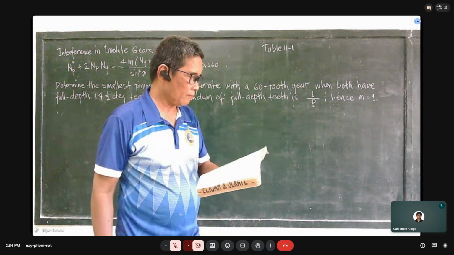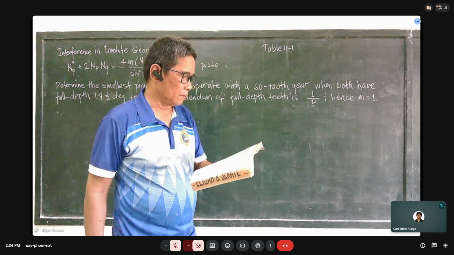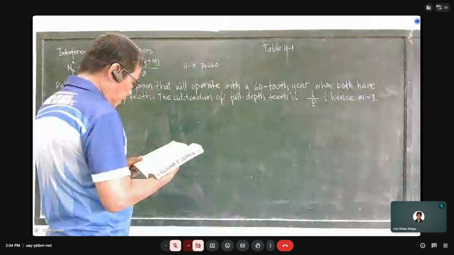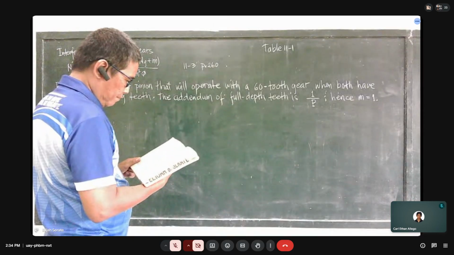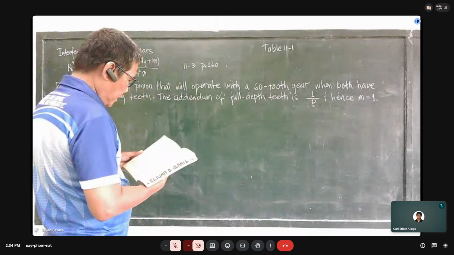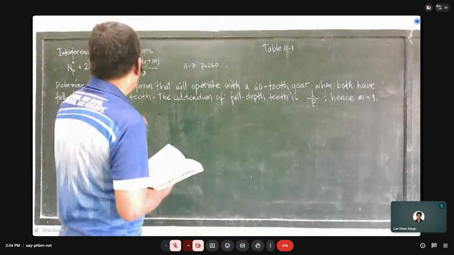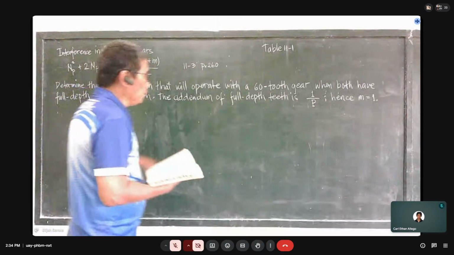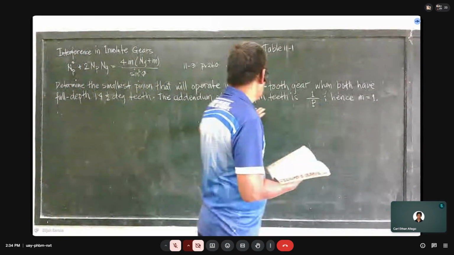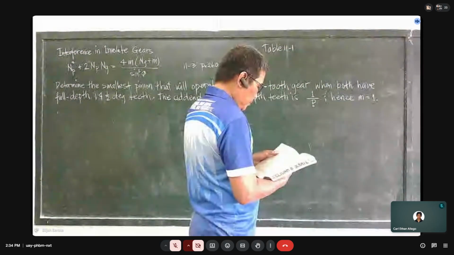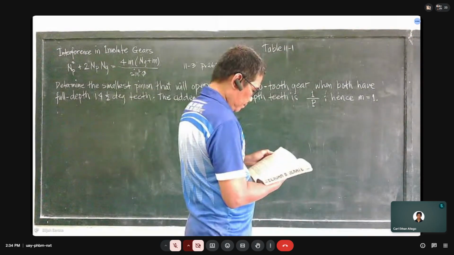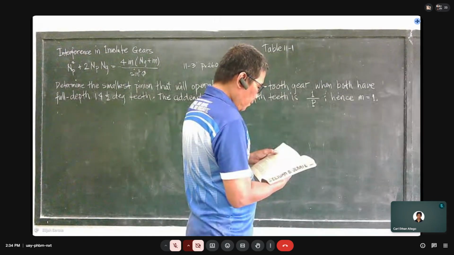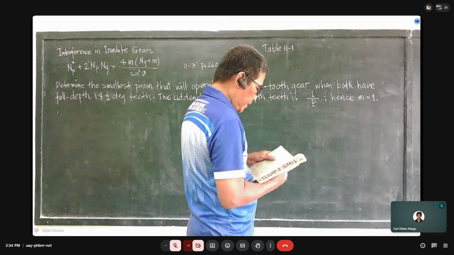Now, what is M? What is M? You look at this, no? This is another one. Addendum. So you look at addendum for a 14 and a half degree gear.